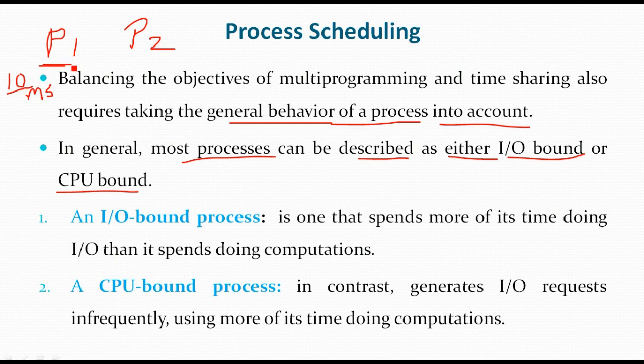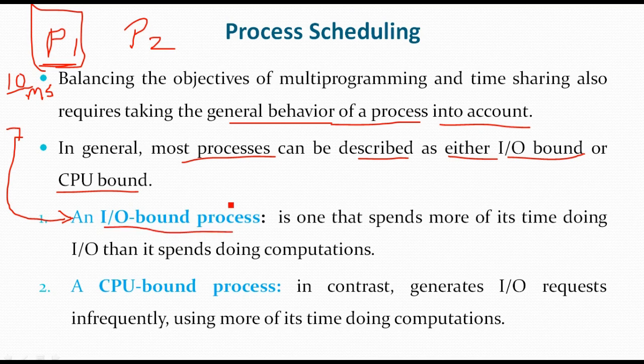Now among this 10 millisecond, 7 milliseconds it is spending for IO operation, and the remaining 3 milliseconds it is spending for CPU execution. Then this P1 process is called an IO bound process.